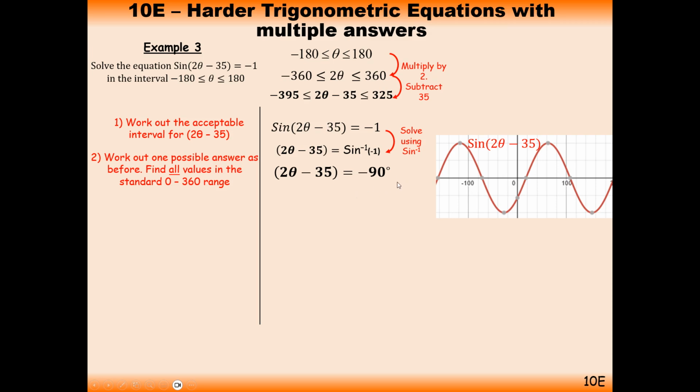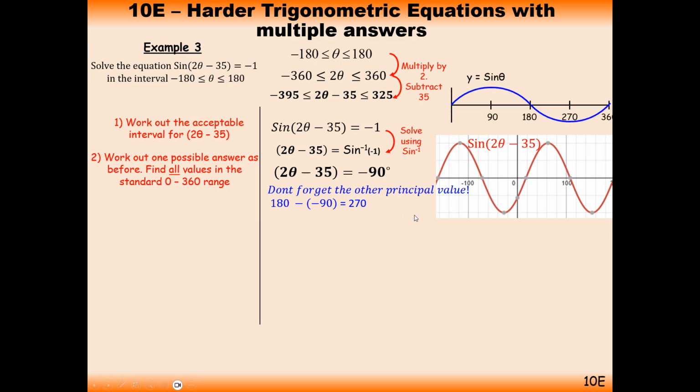So for this negative 90, I'm going to use the identities I learned. 180 minus negative 90 gives us 270. So its equivalent value is 270. Don't forget the other principal value. And this original negative 90 is also useful because it is within that range.